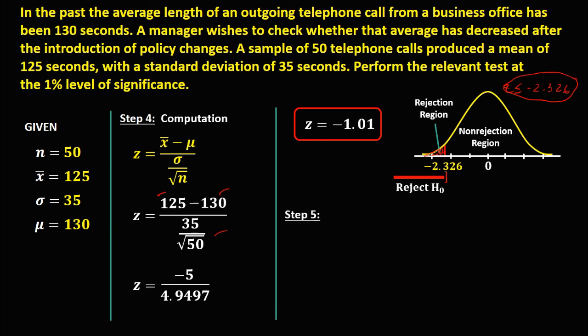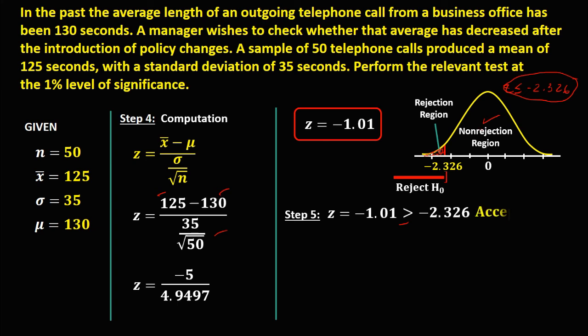So for step 5, since Z is equal to negative 1.01 and the critical value is negative 2.326, since Z is greater than negative 2.326, Z is inside this non-rejection area.